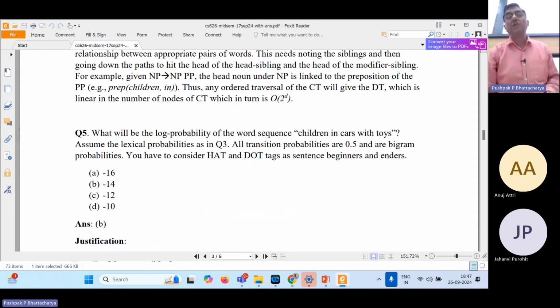Well, you might come back and say that the log probability of the sequence is nothing but the log of the sum of the parse trees probability. But notice that the question is asking you to make use of transition probabilities. So you'll have to make use of the part of speech tags here.